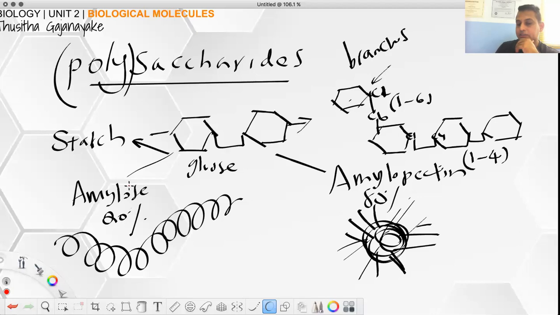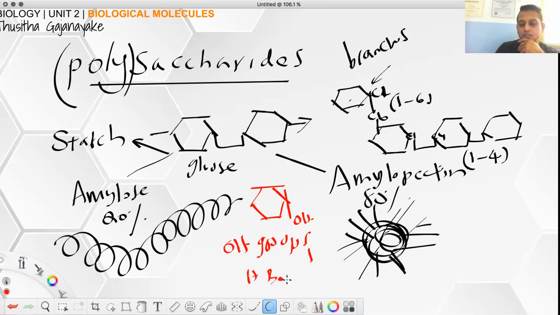And another thing is the OH groups. The OH groups of the glucose molecules make hydrogen bonds with other molecules. So the OH groups are not available in starch, meaning they are engaged in making hydrogen bonds.